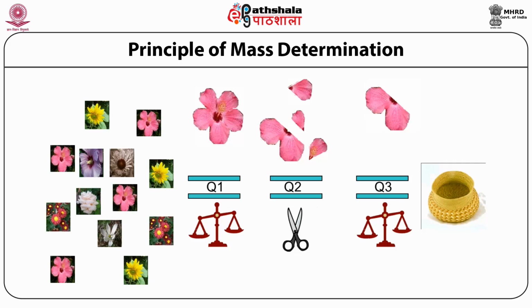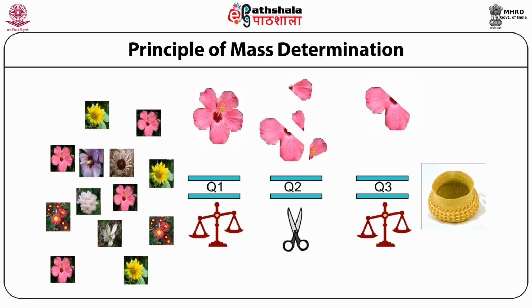Let me explain through this small picture in which you have different colors of flowers, and you are looking for a particular flower. For example, you are looking for hibiscus in this case. So quadrupole 1 has been aligned to pick up only the hibiscus. Now what happens? There could be several hibiscus flowers having the same molecular weight or the same shape in this case.